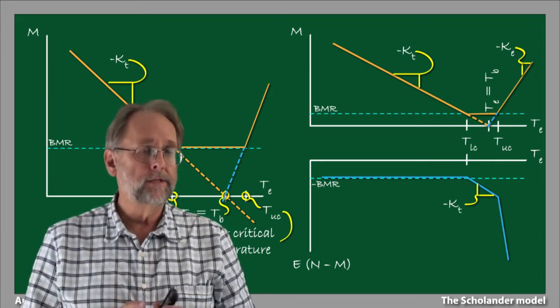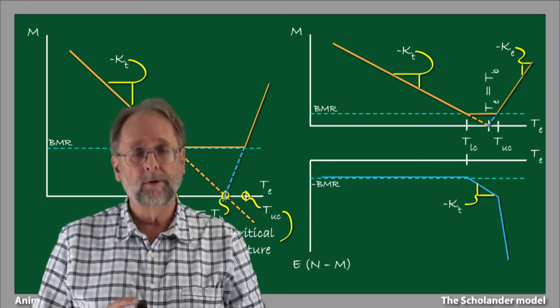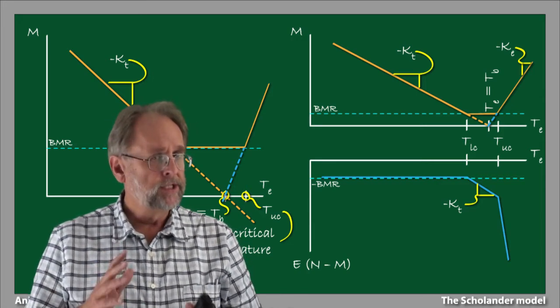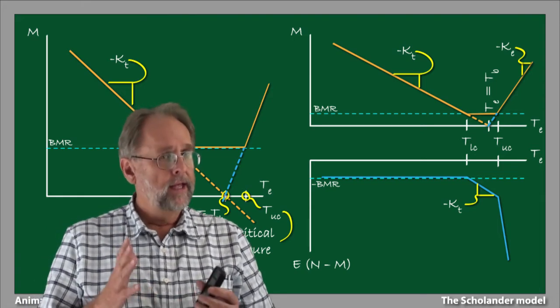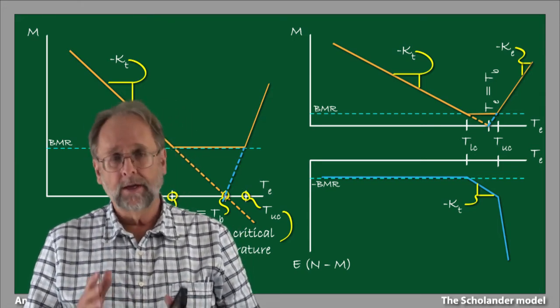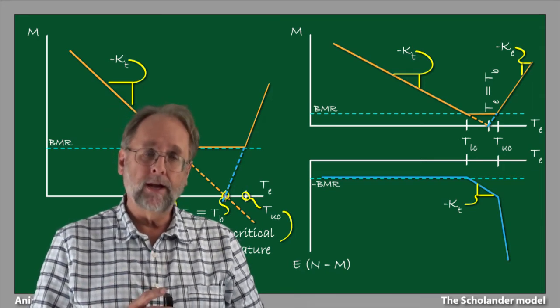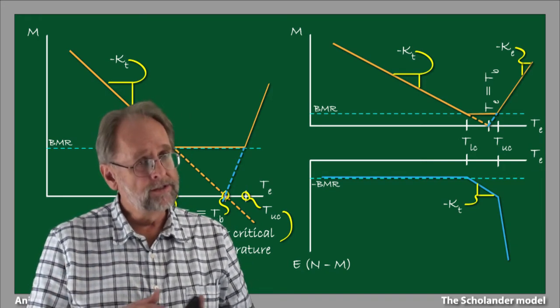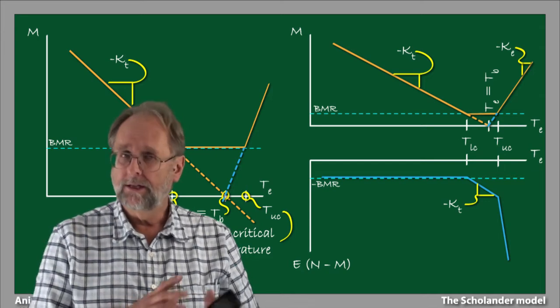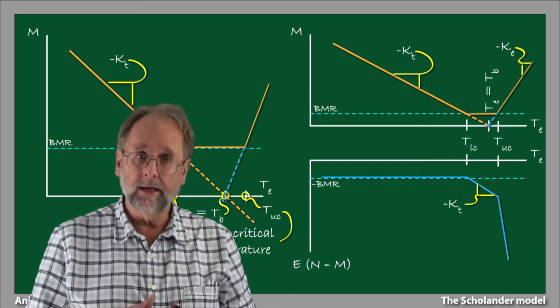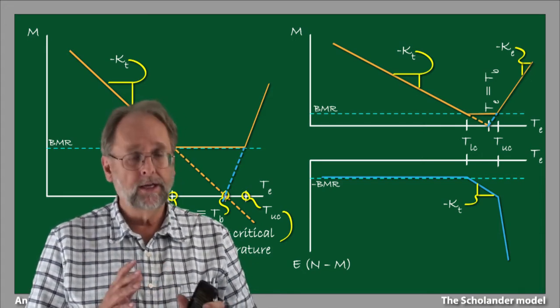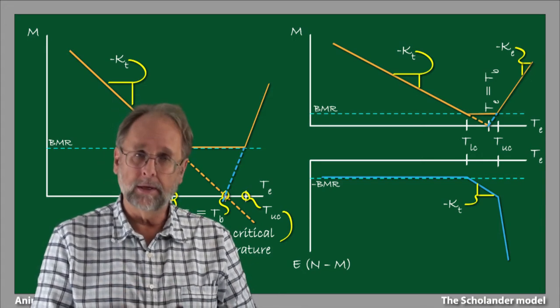The same applies to the pattern at temperatures above the upper critical temperature. Let's say this has a slope of minus K sub E. As environmental temperature increases and body temperature is held at the same value, the physical influxes of heat will increase. Just because the animal is incurring additional metabolic costs to maintain its body temperature does not excuse it from the first law of thermodynamics.